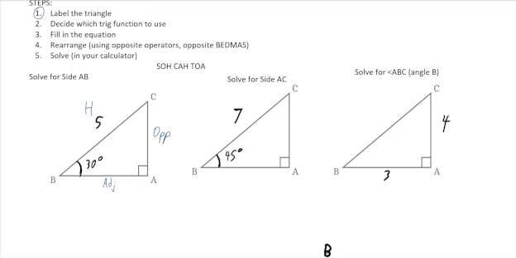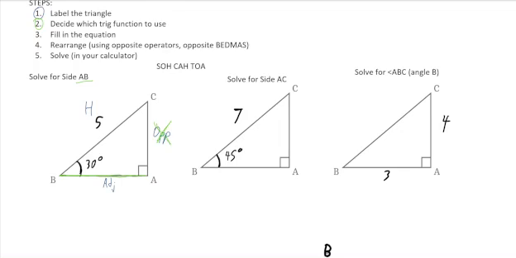The second thing is to decide which trig function we're looking for. Before we can do that, we need to know what we are looking for. This is side AB. So we're looking for side AB, which is at the bottom here. This means that we do not care about one side.